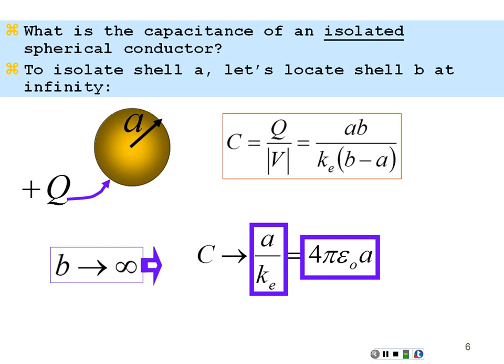The capacitance of an isolated sphere of radius A is the radius divided by our famous K constant, 9 times 10 to the 9. Since K is 1 over 4 pi epsilon naught, we could also express this as 4 pi epsilon naught times the radius A. That is one little result that I wish you to remember.